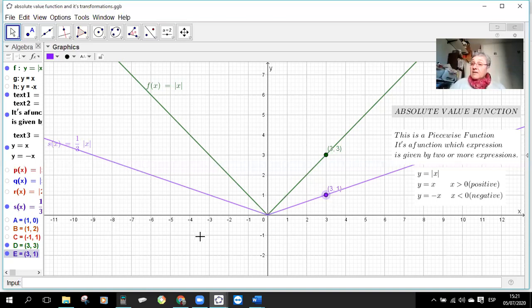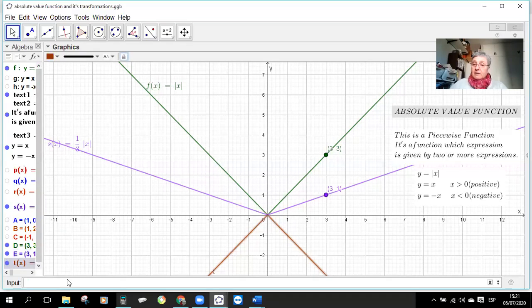So with this, we are done with the absolute value function. One more thing before we pass to the following one. If I take, for example, the absolute value of x with a minus sign, look what happens.